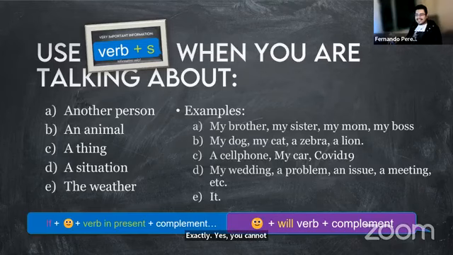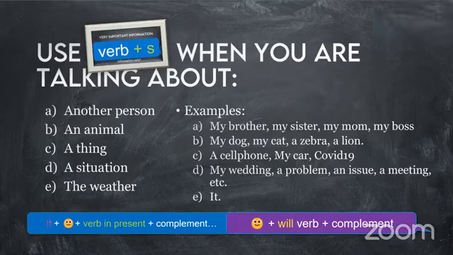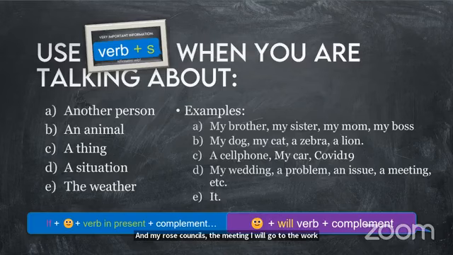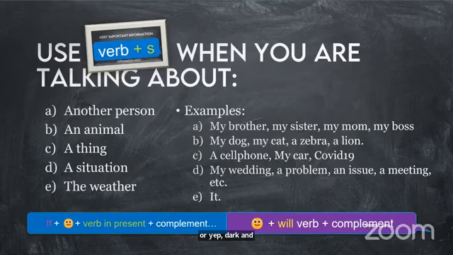Yes. Very nice. Carlos, what might happen if your boss cancels a meeting? Okay. If my boss cancels the meeting, I will go to the work for give strict instructions to the operators.